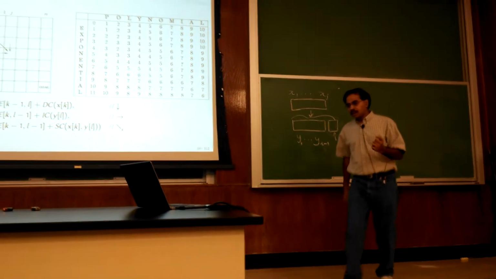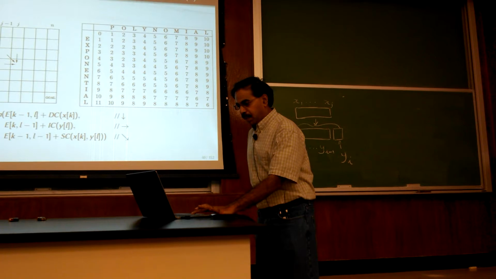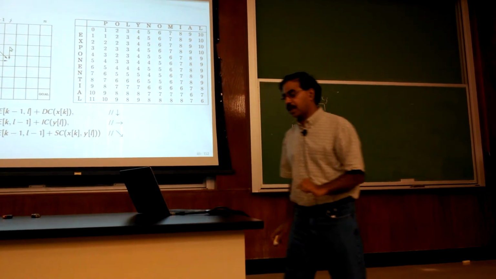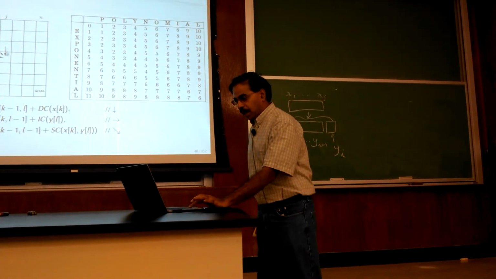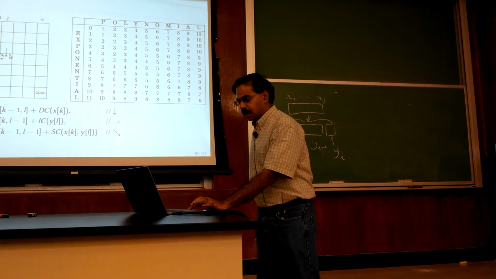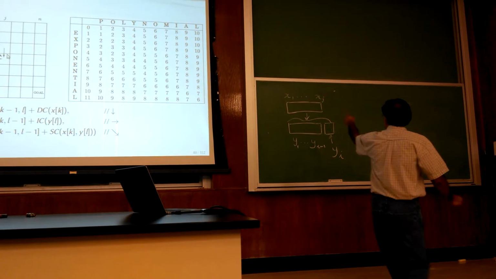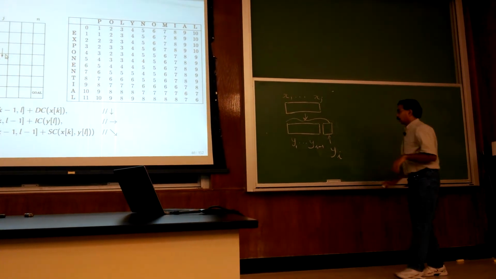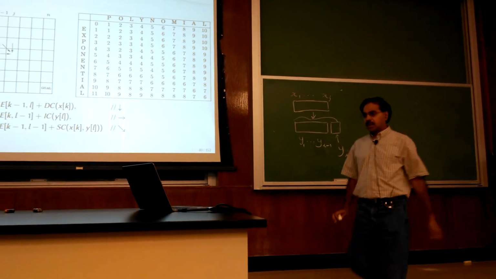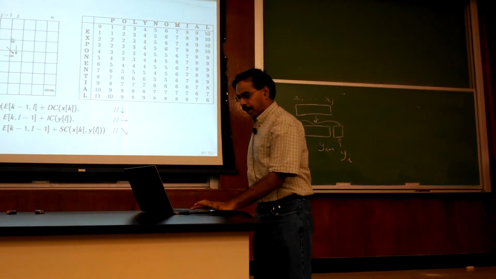So that is the meaning of this arrow, right? So I'm going to be able to compute the cost between x1 to xj and y1 to yi by going back to this cell over here, okay?